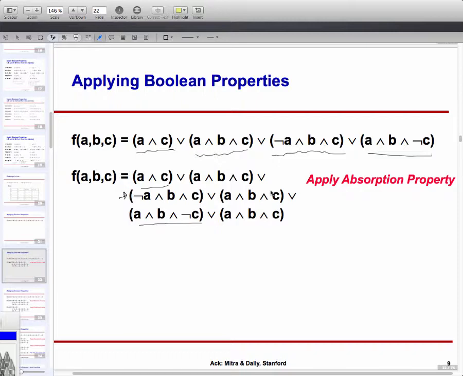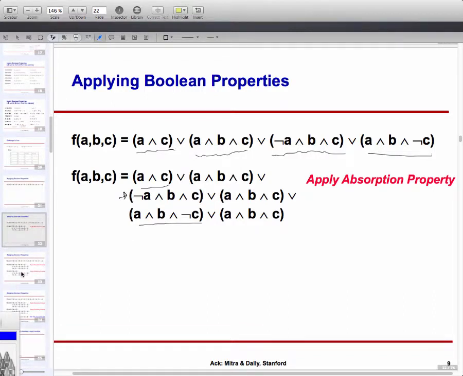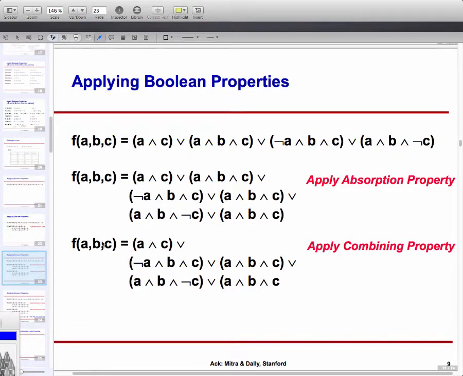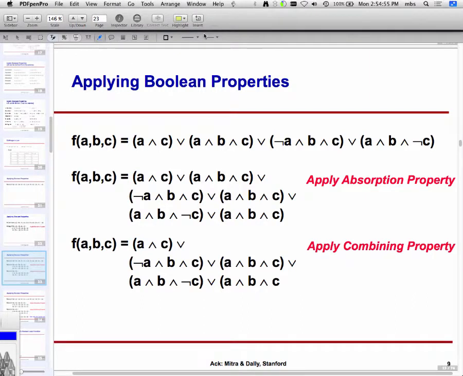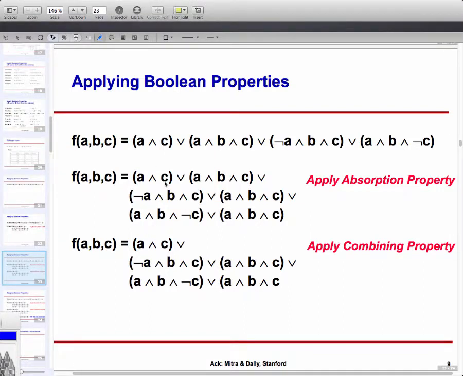Next step, if you look at the first term, a and c or a and b and c, this is where we apply the absorption property. We have a and c, think of a and c as x. So what we have is x or x and c.